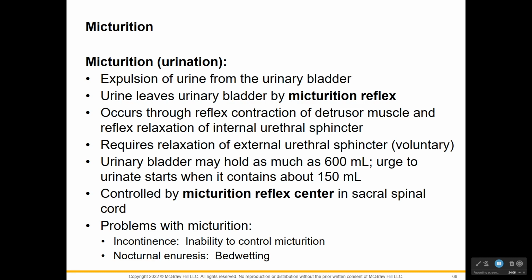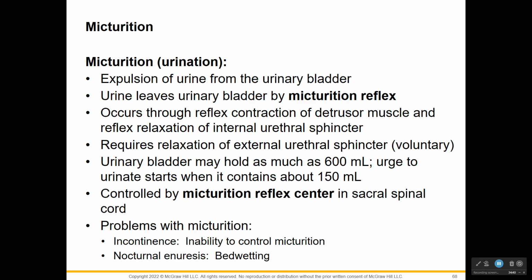When the bladder gets filled and the muscles start to contract, this reflex is going to cause those internal sphincters to open, and it requires you to choose to relax your external sphincter for you to actually do micturition. So it can hold up to 600 milliliters, but you're going to feel like you have to pee around 150 milliliters. And of course, it's controlled by neurons found in your spinal cord.